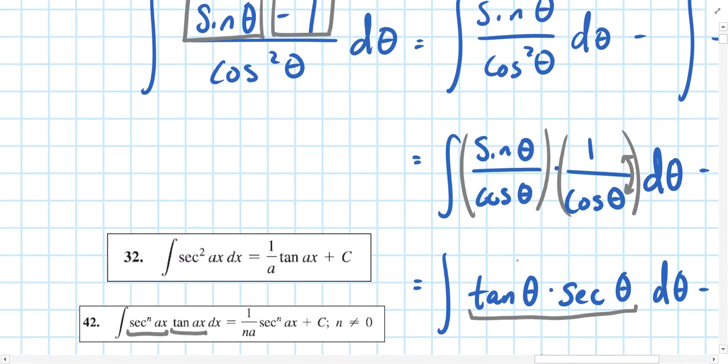Now, as it turns out, tangent secant, well, that's like secant being raised to the first power with an a value of 1. So essentially we don't need to see those. We've got secant of x times tangent of x. The a values are 1. So I'm going to treat this result. The a value is 1, the n value is 1. And so the antiderivative of secant times tangent is simply just secant plus c, as long as n is not equal to 0.